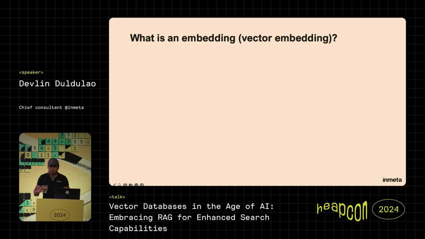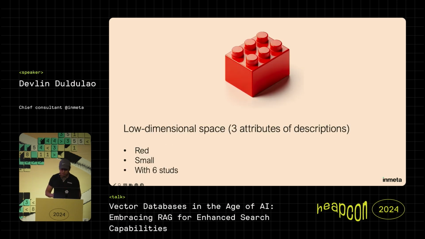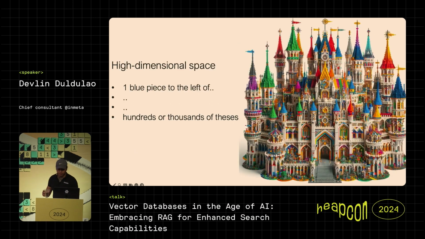So an embedding, again, is a specific type of vector representation where high dimensional data is mapped to vectors of significantly lower dimensions. It's hard when you say high dimensional, what the hell is that, right? So just to give you an analogy, low dimensional space is just like a Lego brick, you have these three attributes of description: red, small, with 6 studs, right? High dimensional is like this: one blue piece to the left of these hundreds of thousands of Lego bricks.